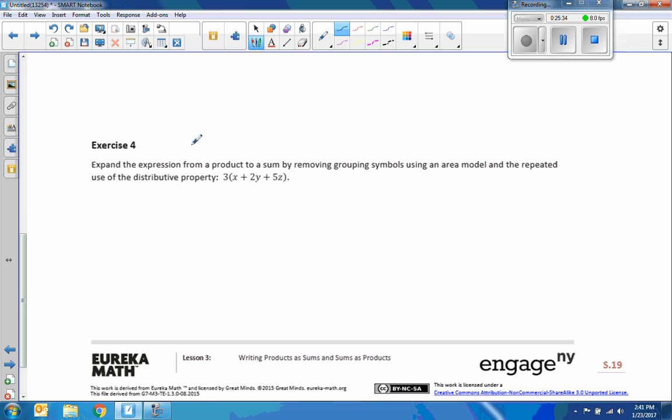Exercise 4. Expand the expression from the product to a sum by removing grouping symbols, using an area model, repeated use of the distributive property. Repeated use of the distributive property is simply going to be, first rewrite the problem.